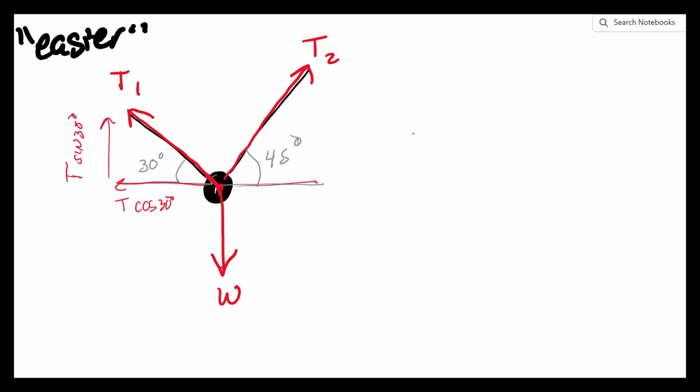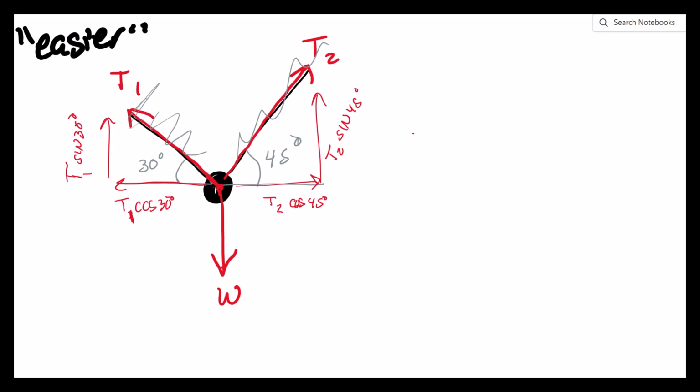This is T1, T1. That looks like a 2, that's going to get me in trouble. Okay, T2 cosine 45 and T2 sine 45. Then I can pretend these original forces don't exist anymore. If you want to redraw your free body diagram, you can, but I get confused when I do that, so I'm not going to.